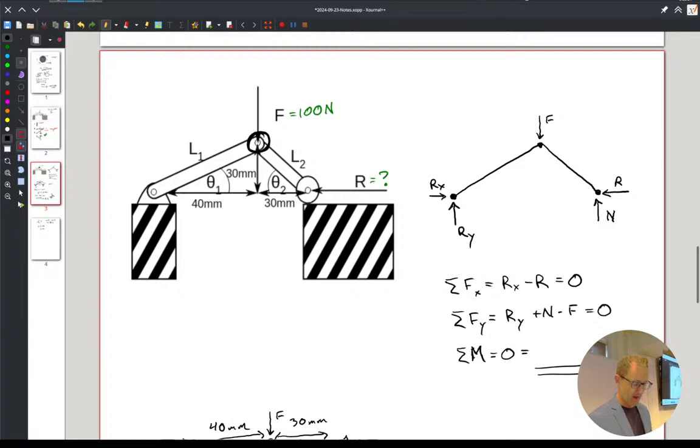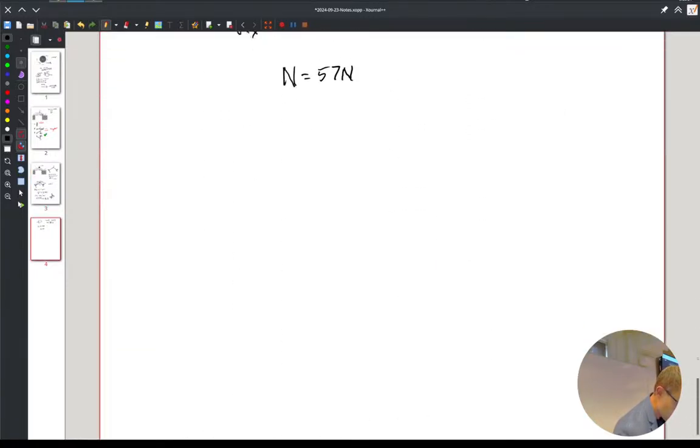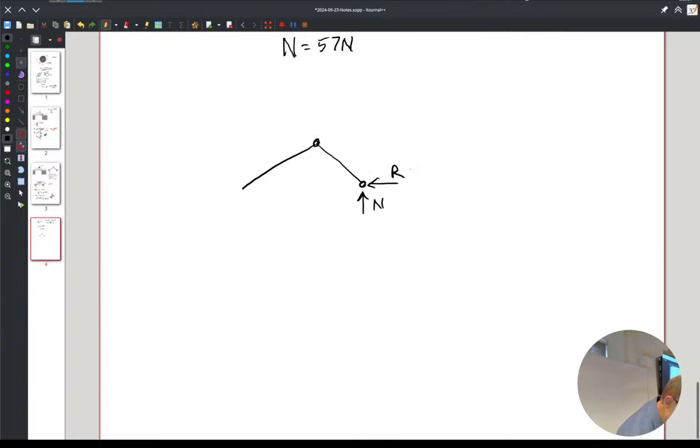Another thing that you can do, and we don't have to go through it, is take what we had, N like this, R like that, F, because I saw some people start to do this. And then RX.